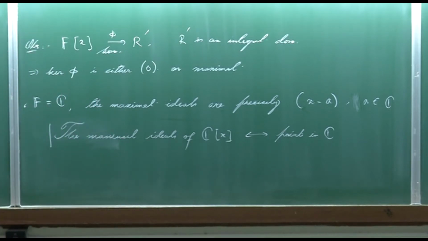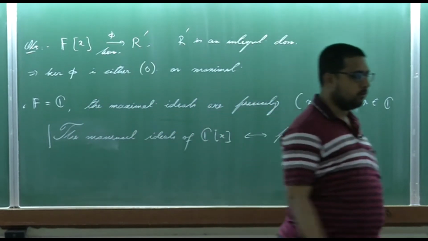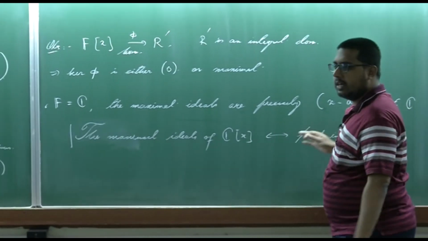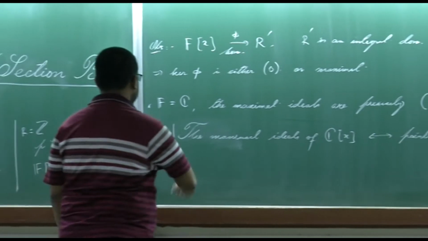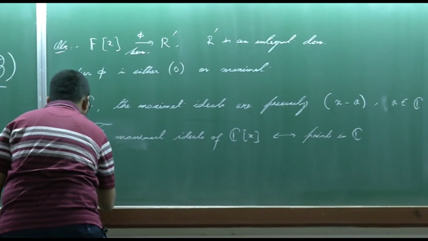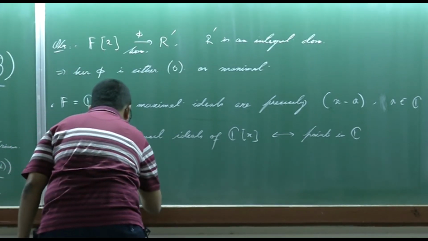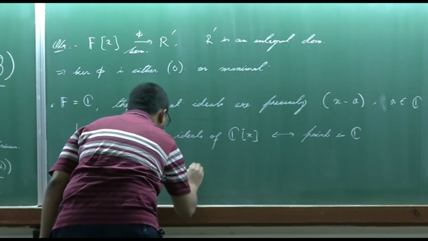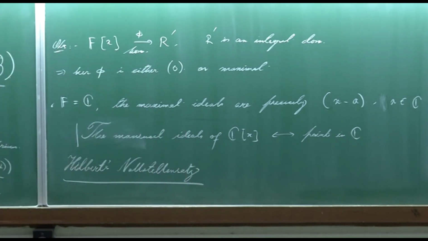In this lecture we will generalize this to polynomial rings over any number of variables, and this is exactly known as Hilbert's Nullstellensatz. I will write down the statement soon.